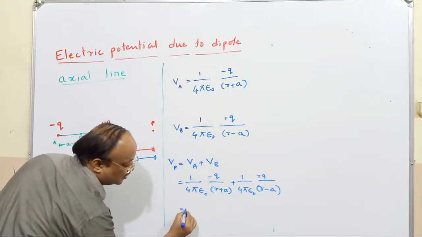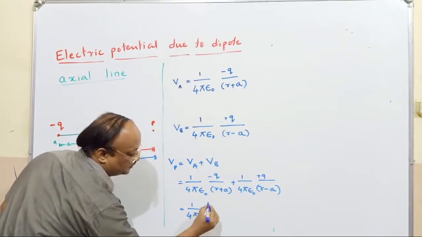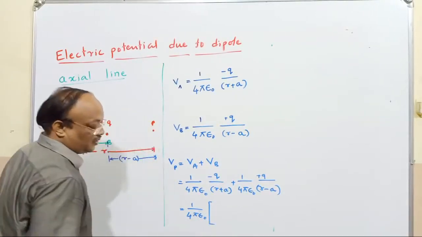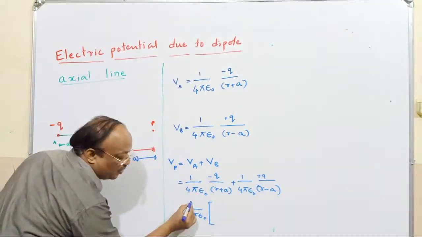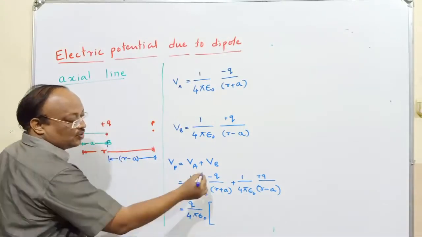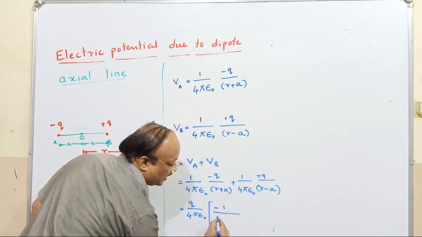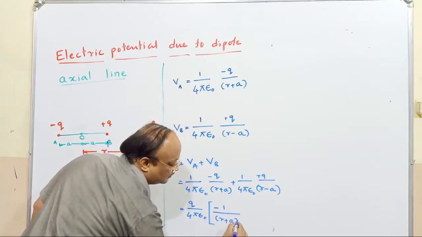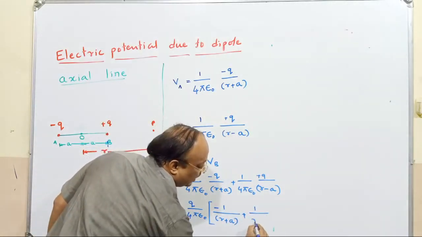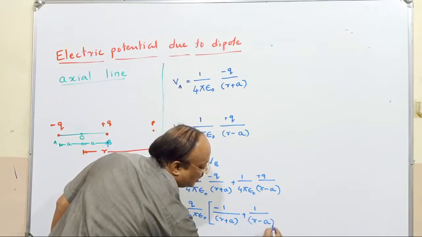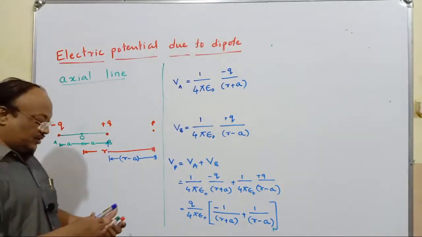So this is 1 by 4 pi epsilon naught. Q I can take common in these two. What is left out? Minus 1 by R plus A plus 1 by R minus A. Just we have to solve it.